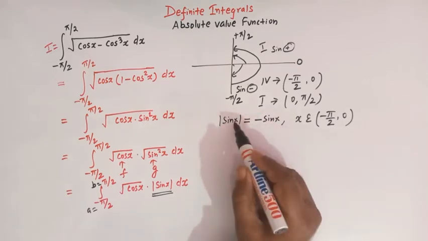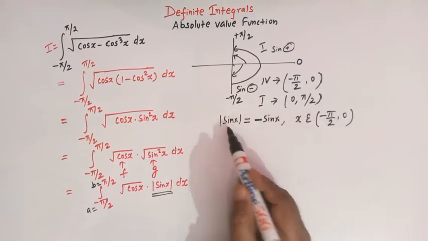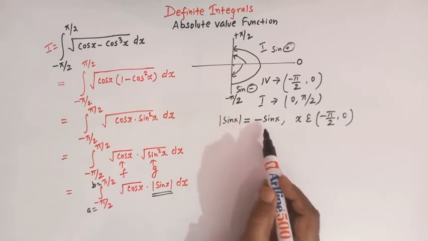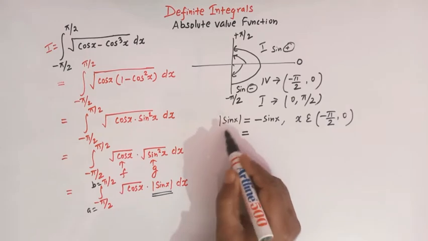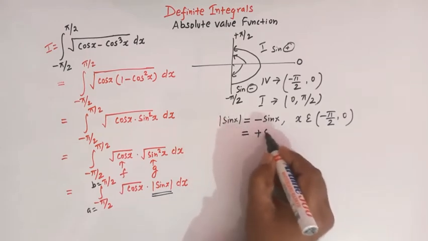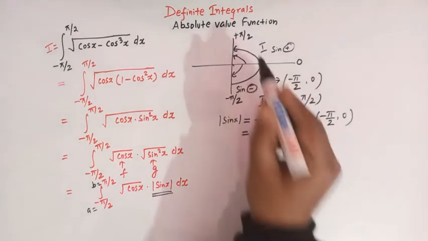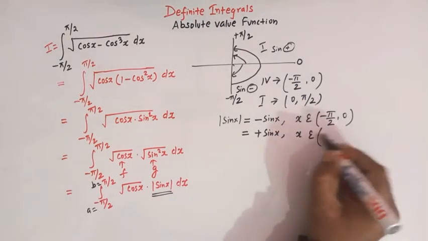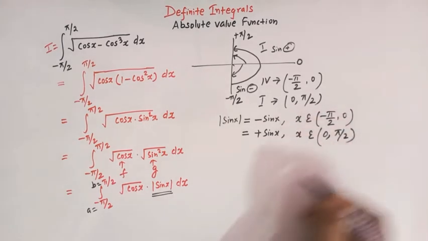It means when x lies in the fourth quadrant, mod of sine x is equal to minus sine x. And mod of sine x is equal to plus sine x when x belongs to 0 to pi by 2.